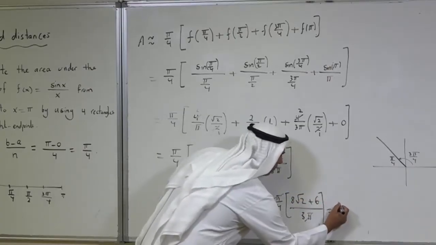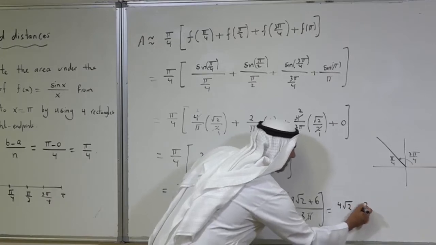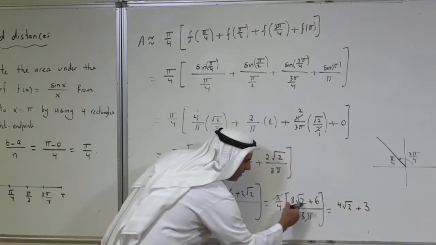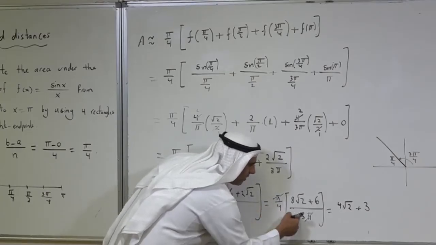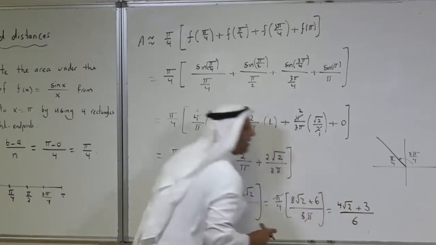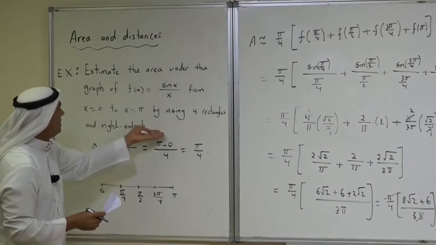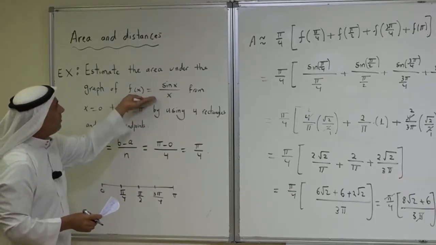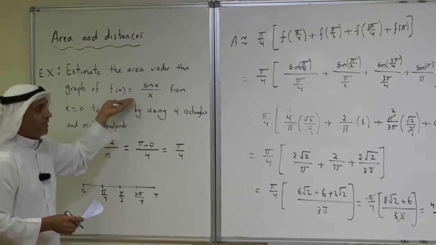So this will be just 4 radical 2 plus 3. So this is an estimation of the area, using 4 rectangles and right endpoints, under the graph of f of x equals sine x over x.